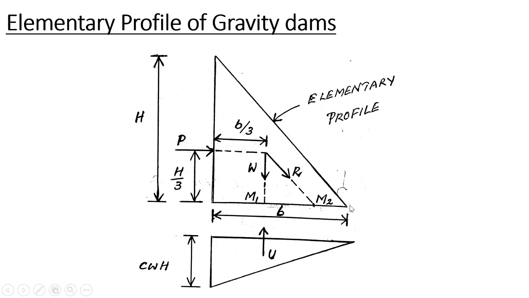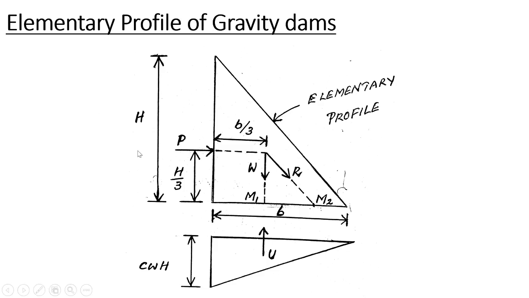See, this is the triangular shape, or the elementary profile of gravity dam, having a base width of small b and a height capital H. This height capital H means the height of water that is retained at the upstream.